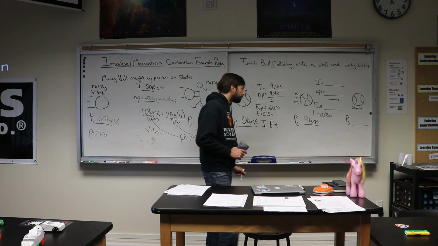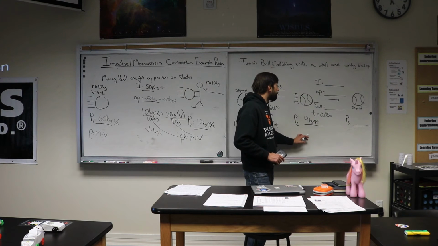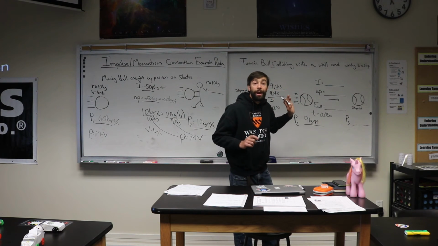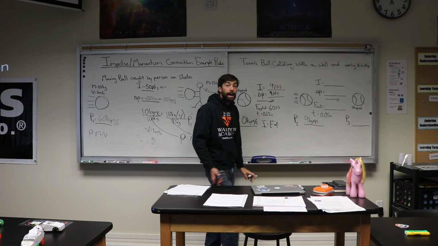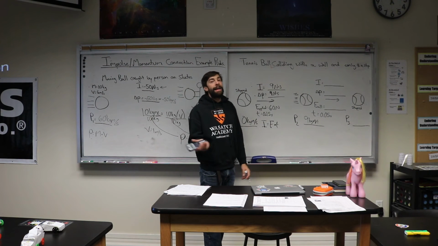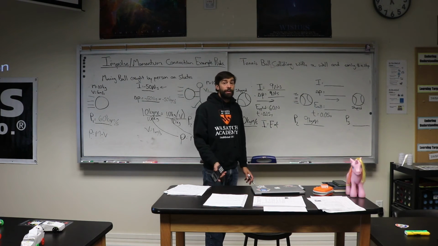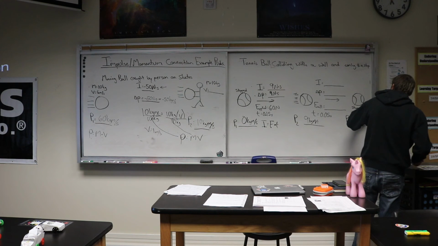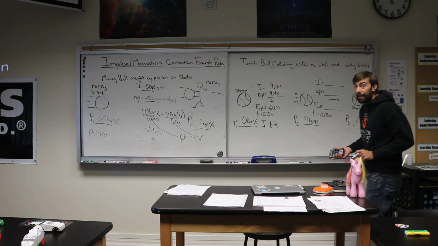All right. So now this ball hits the wall and comes to a stop. Well, what's going to be our final momentum? It's going to be 0 because the ball is now stopped again. So 0 kilogram meters per second.